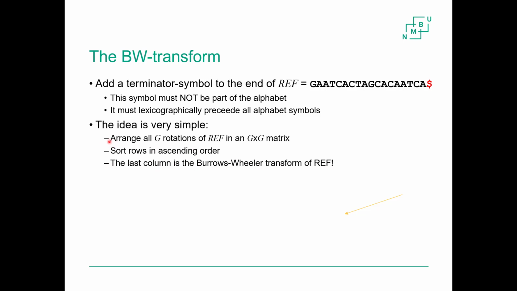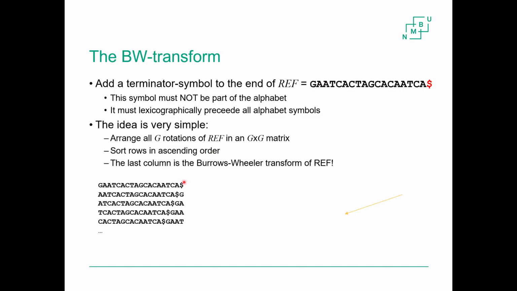So what is first here? Arrange all rotations. What is meant by this? Here we can see the original reference sequence. What is meant by a rotation? A rotation means you take the first symbol and place it at the end, and then shift everything one position to the left. Then you have this one, the second one here. This is the first rotation. Then you do the same again: you take the first symbol, move it to the end, and move everything one position to the left again.